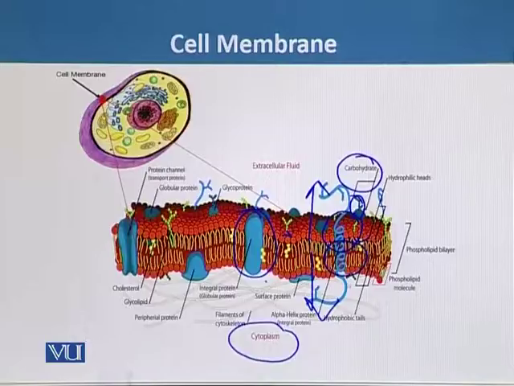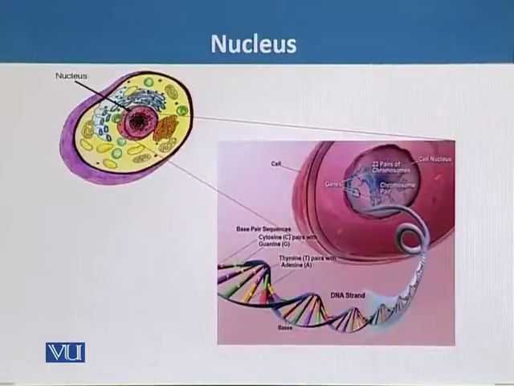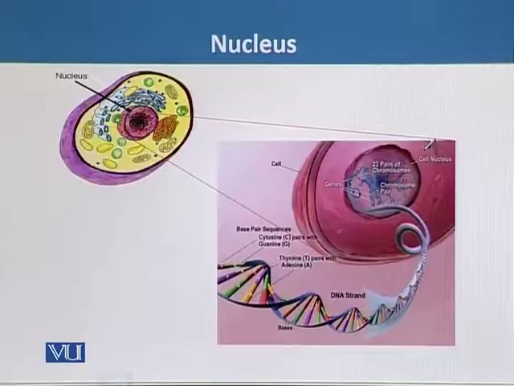So the next, the most important part of the cell, is the nucleus. Nucleus controls many different activities of the cell. Within the nucleus is DNA, and within the DNA is stored the genetic information. DNA is very important. That is why it is surrounded by the double membrane.